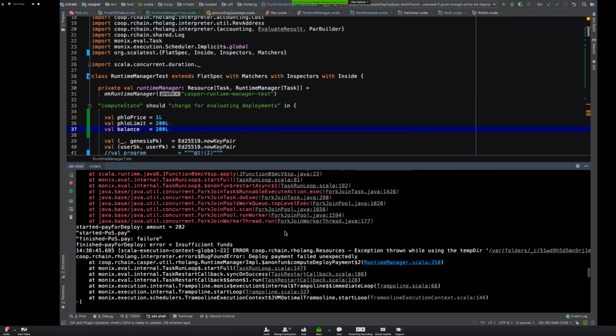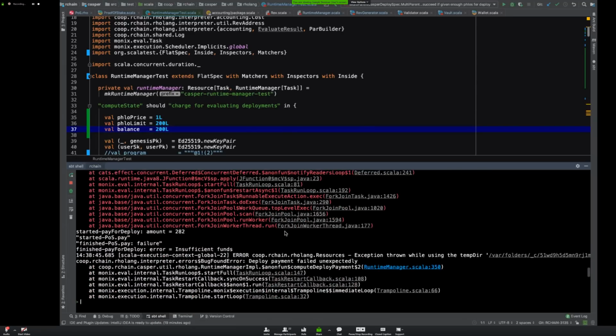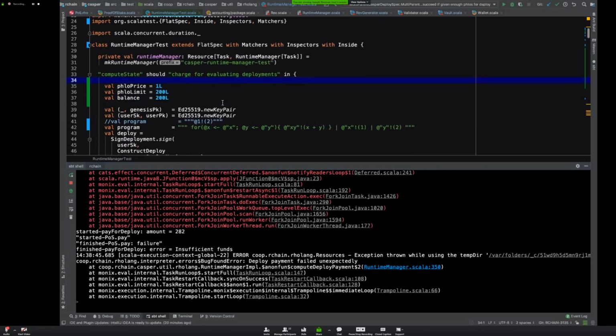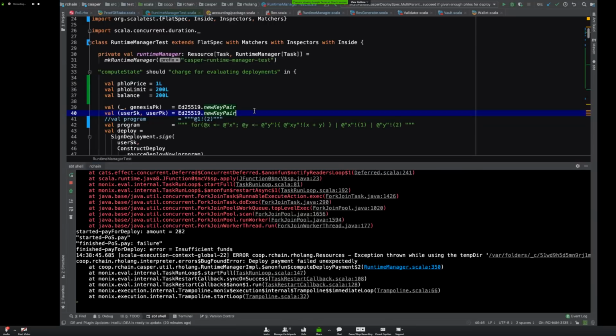So we continue. We start to pay for the deploy, and it looks like the contract actually accumulated 282 flow, and that's probably something to do with the size or atomicity of particular operations.